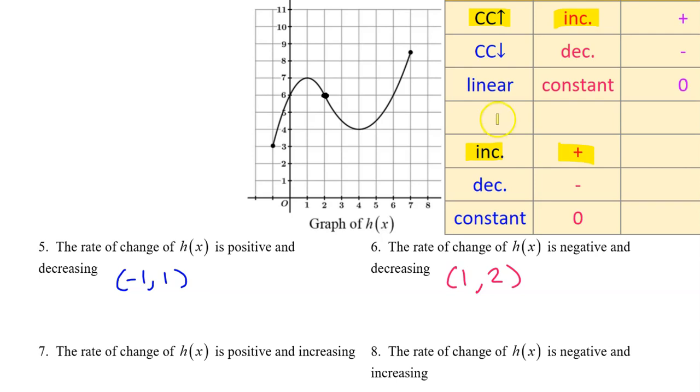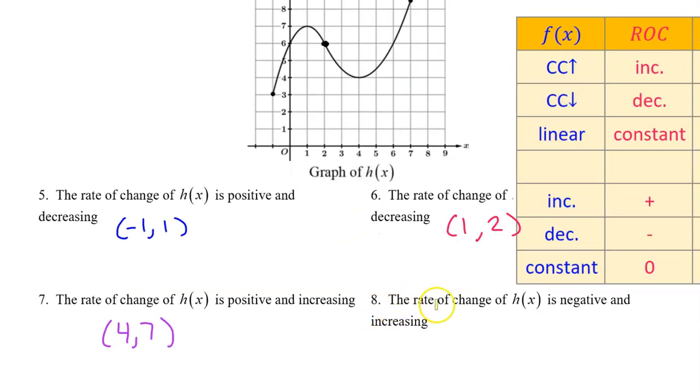So we're looking for where h of x is concave up and increasing. H of x is concave up on this interval, and from that we can see that it will also be increasing from the relative min until the end. So that is from 4 to 7.